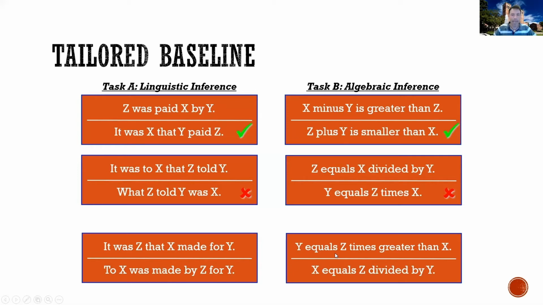Same as y equals z times greater than x. That also doesn't match. So you, as the participant, when you're doing the grammar task, you read this and you go like, oh, that doesn't seem right. And you'd say, they're not both grammatical. And then you would read this and you would say, I don't know, there's something wrong with that one. Okay. And of course, I will never look at the brain activations during these catch trials. They're just meant to keep my participants honest.